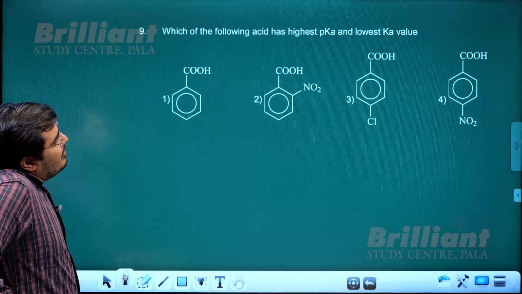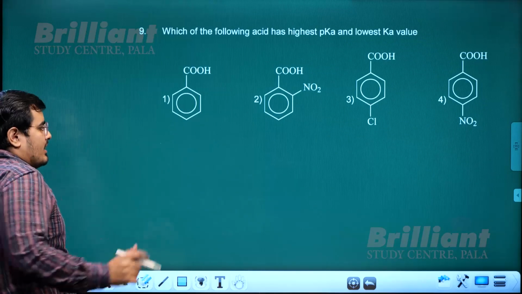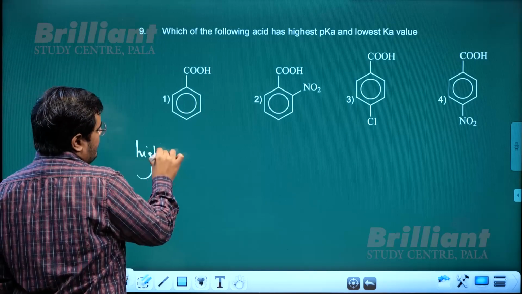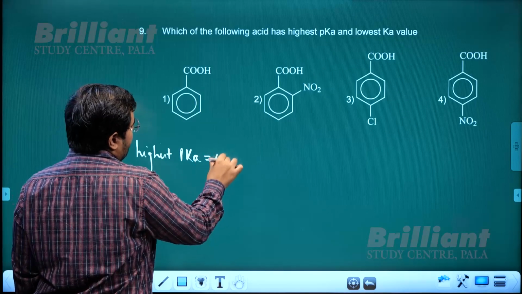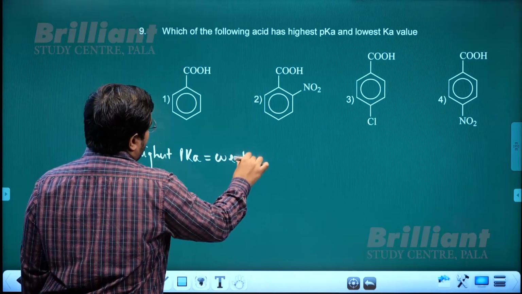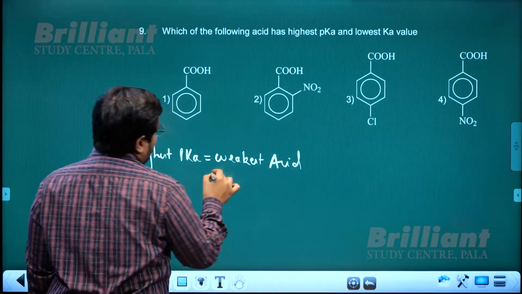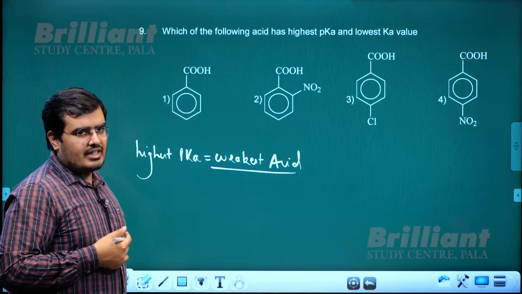Next is, which of the following acids has highest pK and lowest K value? Highest pK means weakest acid. We have already studied the effect of substituents on the acidity of carboxylic acid.